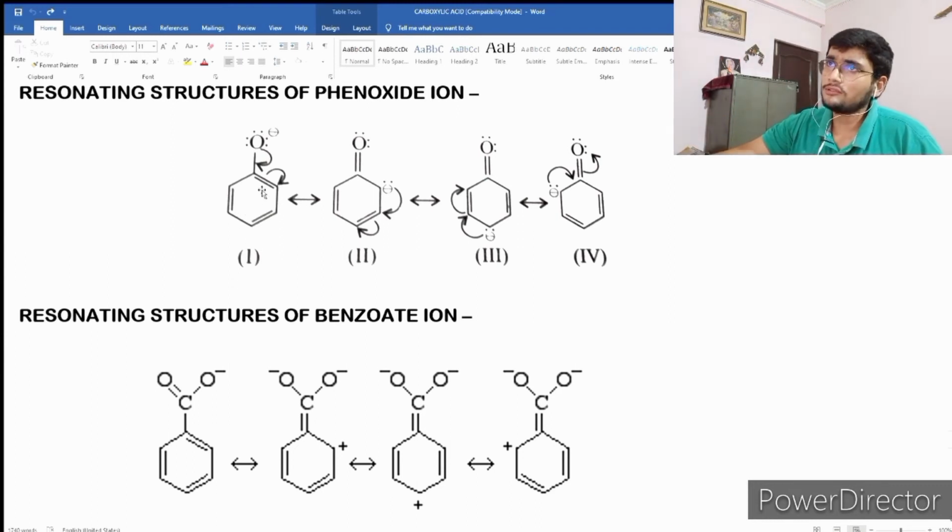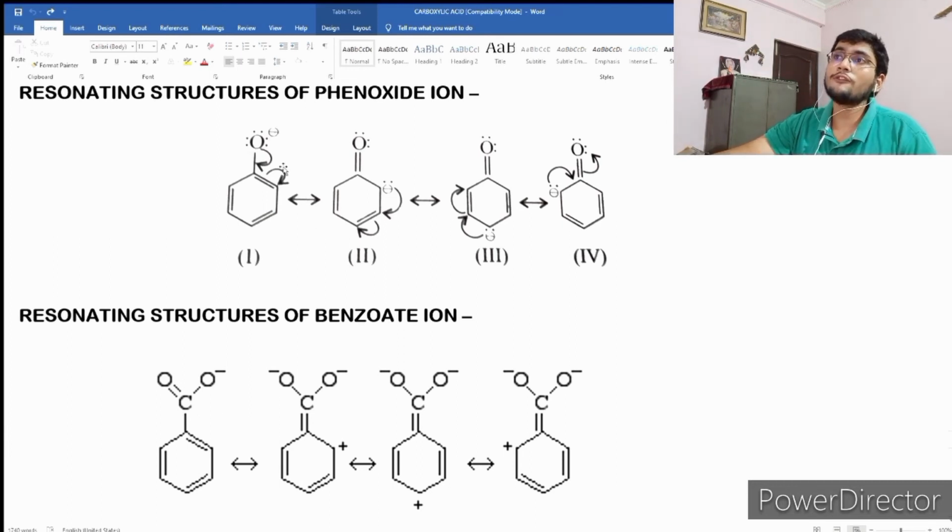So this phenyl group will shift the electron density toward oxygen, and the phenyl group in the benzoate ion will shift the electron density toward carbon. Now you see, the oxygen has a negative charge and is directly attached to the benzene ring. In the benzoate ion, the oxygen has a negative charge and it is attached to carbon, not to the benzene ring.